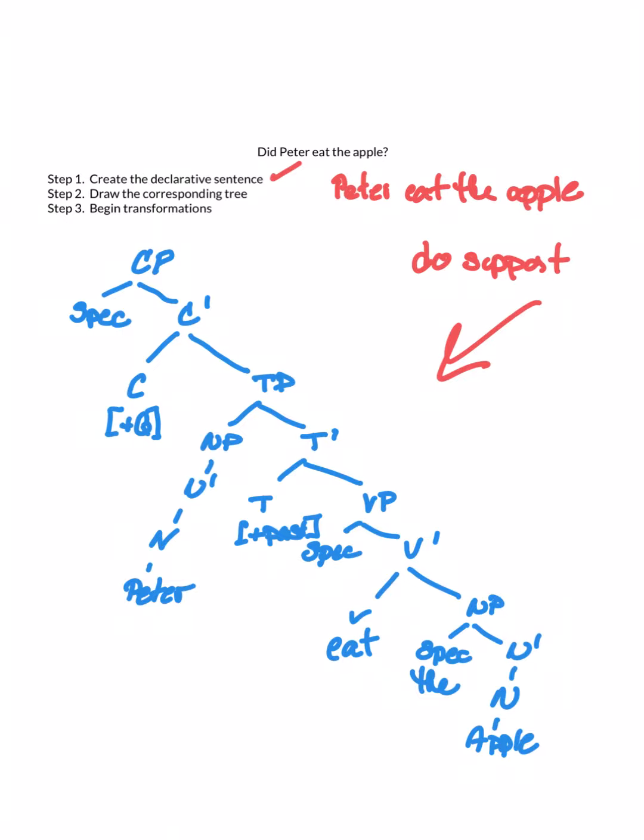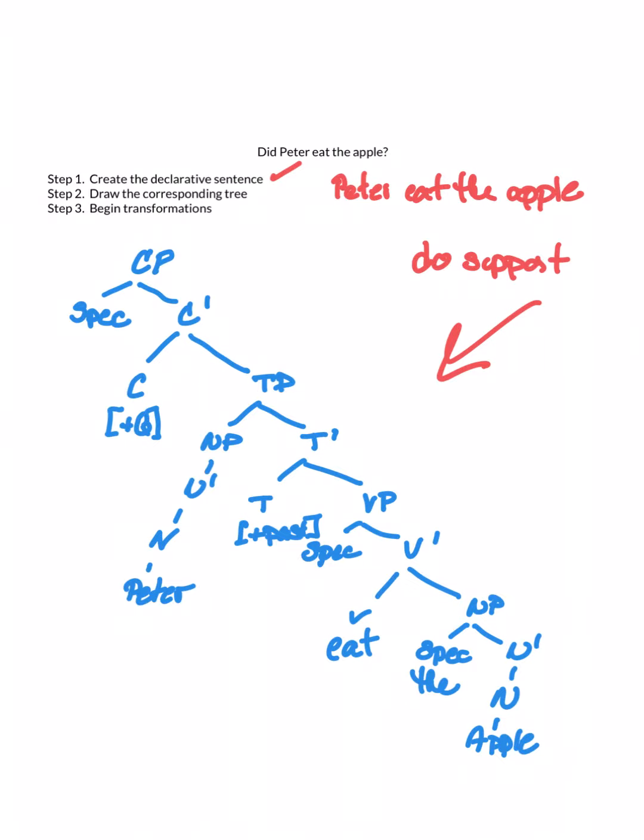All right, everything else looks pretty much the same. Here's that T structure, that's going to be our tense part, but right now it says just plus past. So I really can't move anything up here right now because there's just nothing to move, right? My T is empty here.